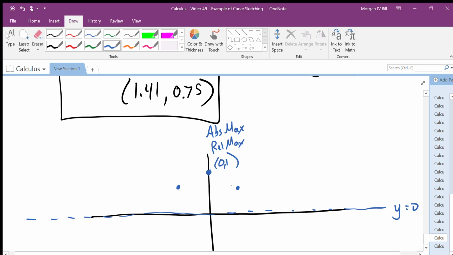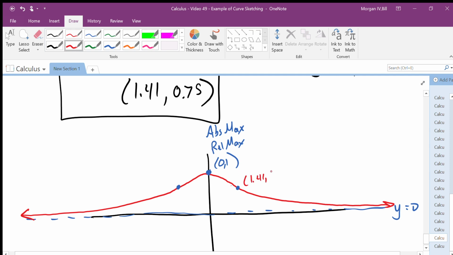We know that it's increasing from negative infinity to 0 and decreasing from 0 to infinity. So I think our graph from earlier is pretty spot on. A curve that looks something like this. Here we have 1.41, 0.75, that's an inflection point.